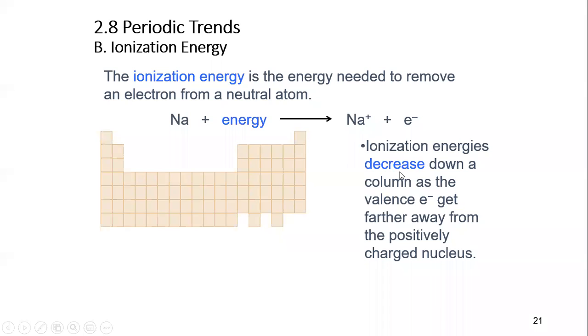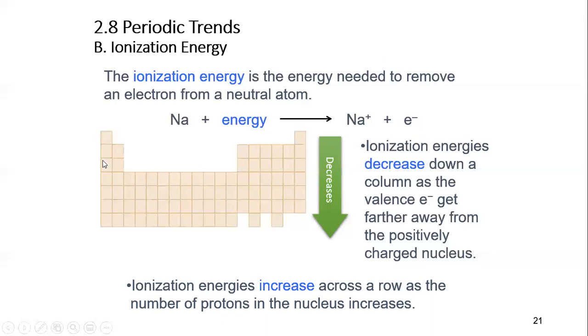Ionization energy decreases down a column because the atomic radius increases down a column, which pushes the valence electrons further out. Since the valence electrons are further out, it takes less energy to remove the electron. So as you go down a group, ionization energy decreases because the valence electrons are further from the nucleus.